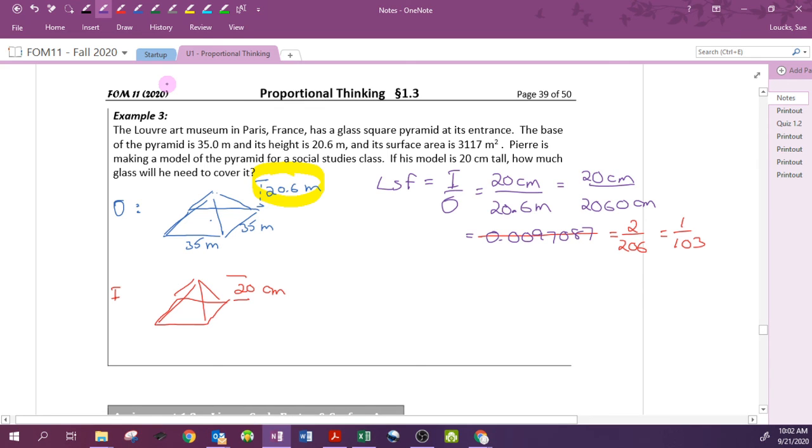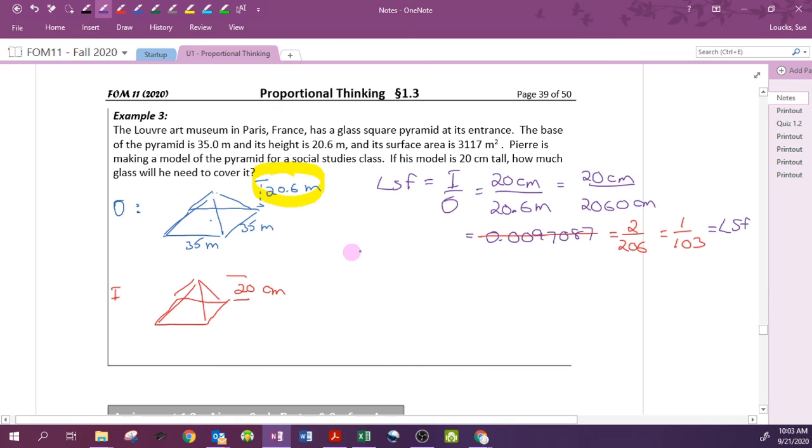Do you notice how far separated this LSF is from the 1 over 103? On the paper they're physically separated by a lot, so it's not obvious what that 1 over 103 is. So I would come over here and write, that's the LSF, just to remind myself why I care about that number. Isn't that a good idea? Rather than looking everywhere. I can't be the only one who does that.